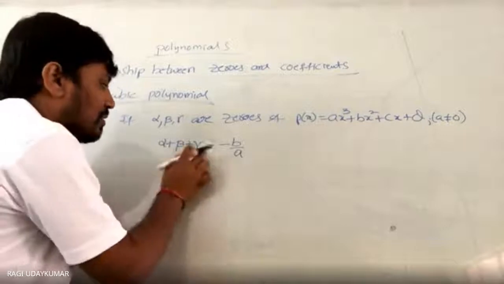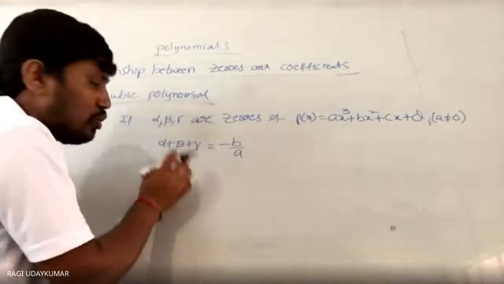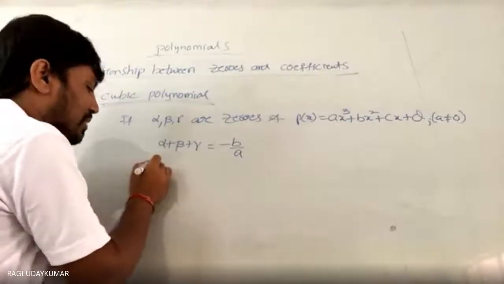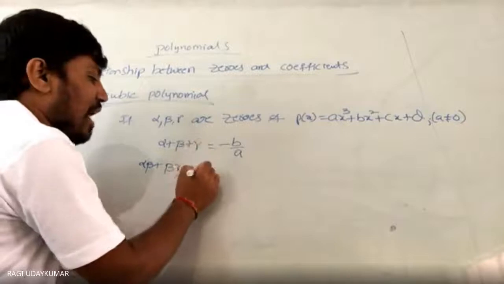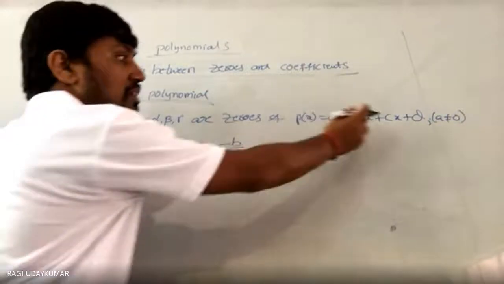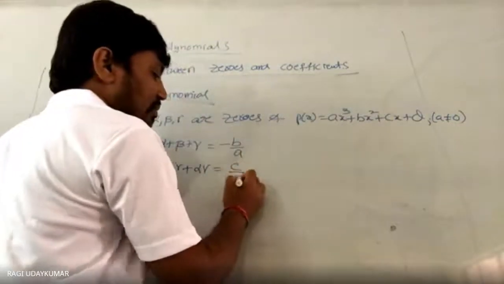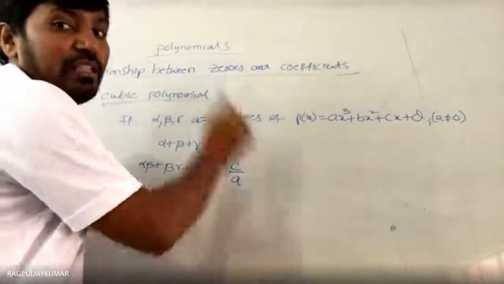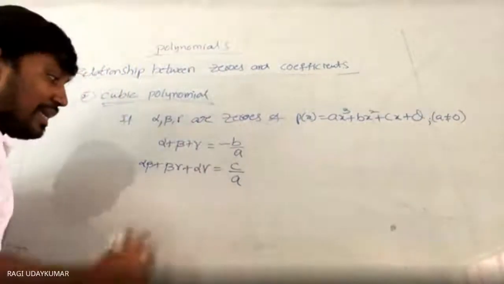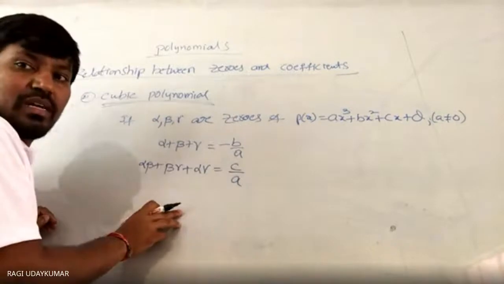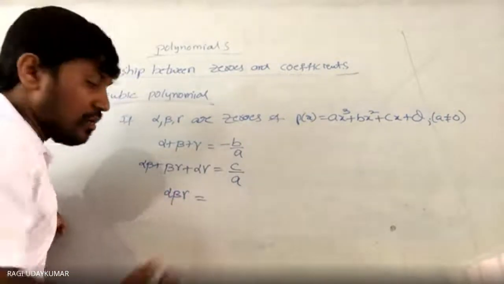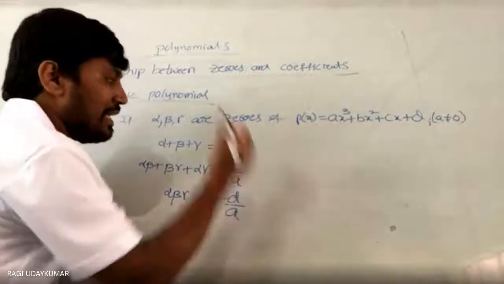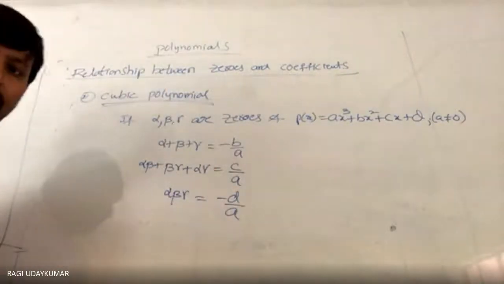First take these two, alpha beta. Next take these two, beta gamma. Next take first and last, alpha gamma, is equal to c by a. One is negative, another one is positive. Next, take all three again: alpha beta gamma is equal to minus d by a. Did you understand?